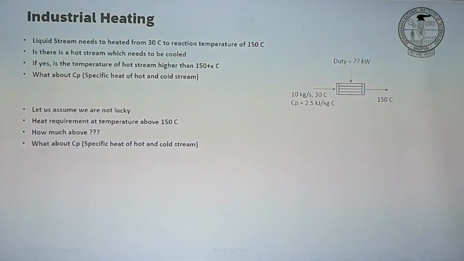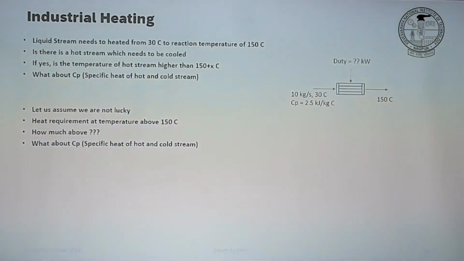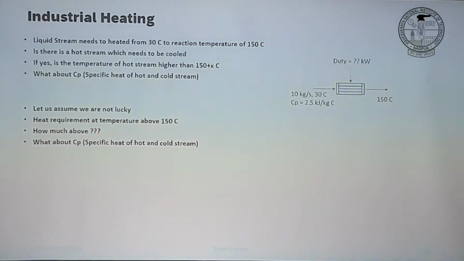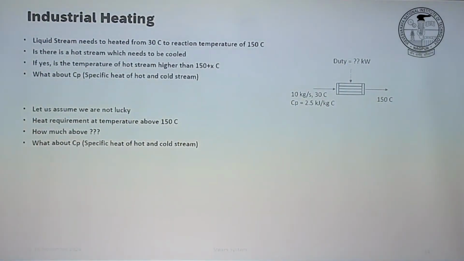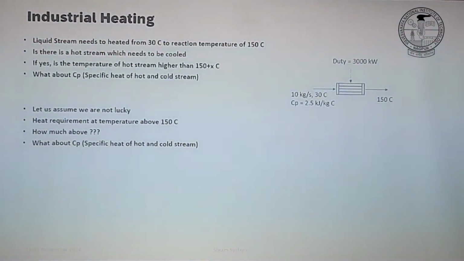What will be the duty? How much? 3,000? I don't know, let's check. Anyone else other than 3,000? 3,000? So I was not wrong.